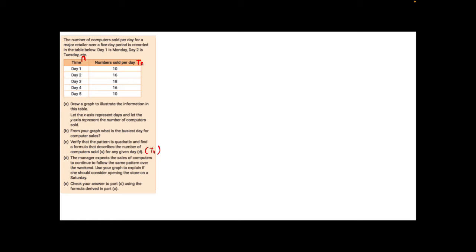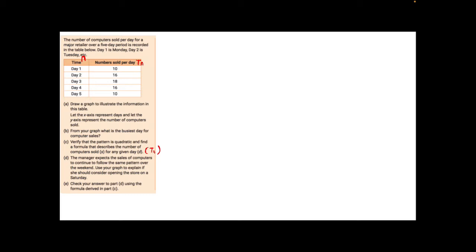Part D, the manager expects the sales of the computers to continue to follow the same pattern over the weekend. We have to use our graph to explain if they should consider opening the store on a Saturday. And then part E, check your answer to part D using the formula that you find in part C.